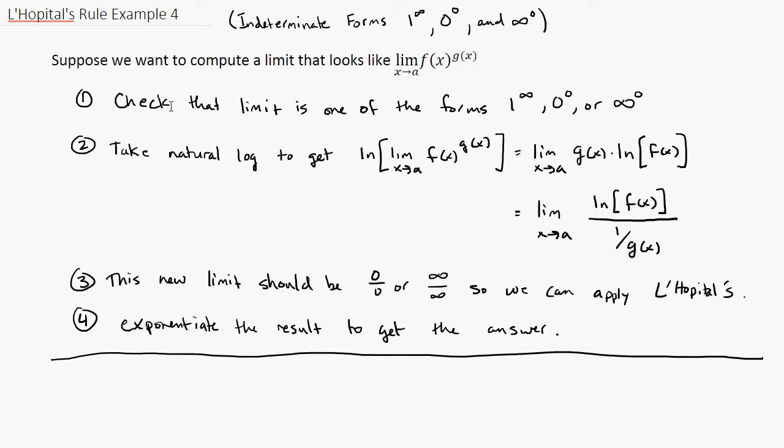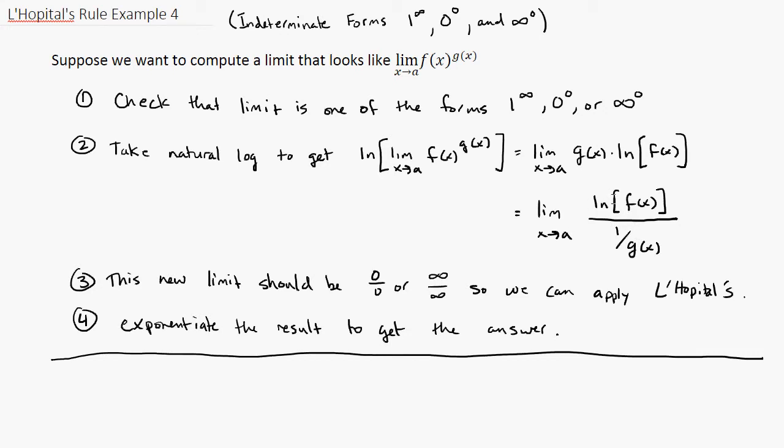The first thing you want to do is check that the limit is one of these three forms. Then take the natural log of the whole thing, which will allow you to rewrite the limit in fractional form.